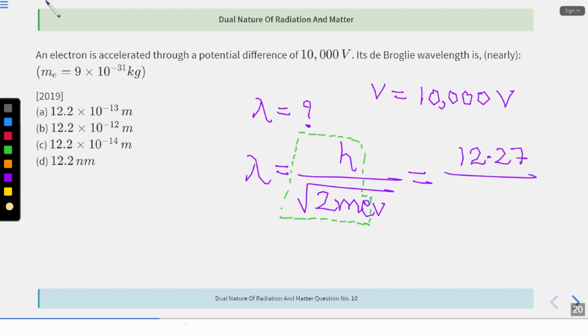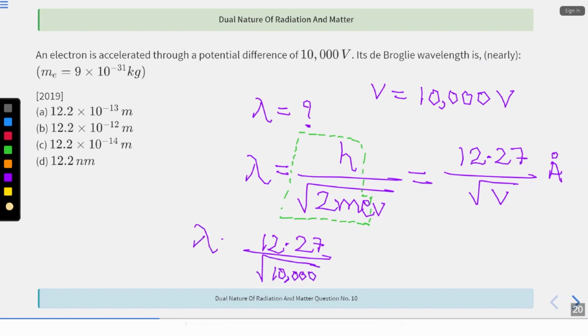12.27 divided by root of V angstrom, right? So I can tell that it's nothing but 12.27 divided by root of 10,000. This is equal to my lambda.